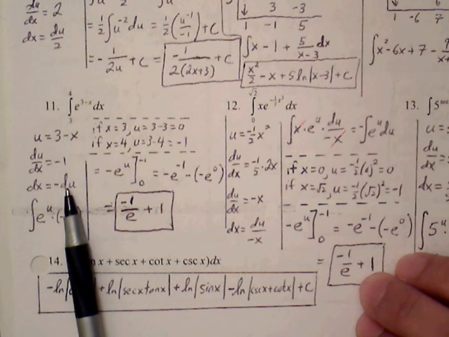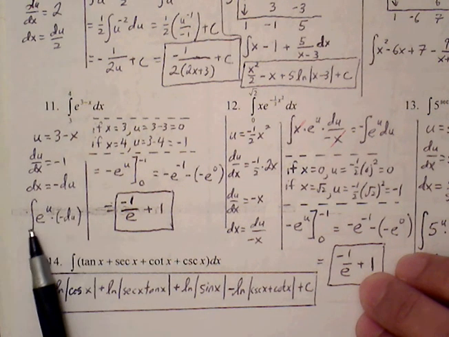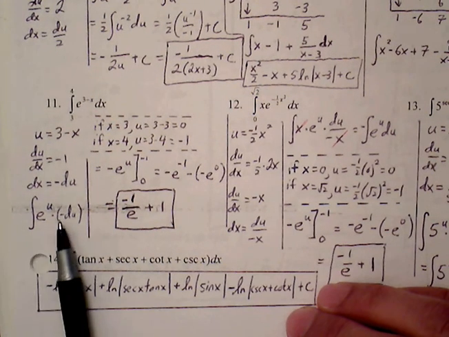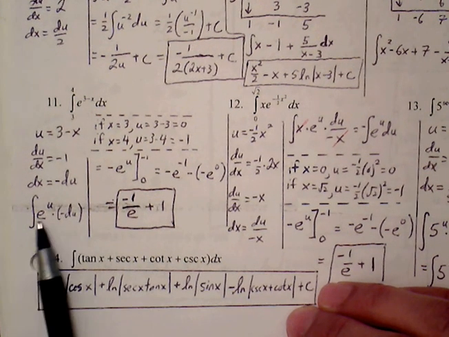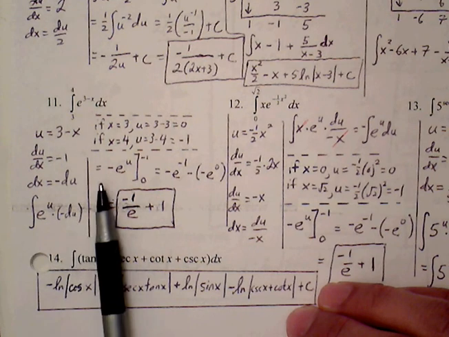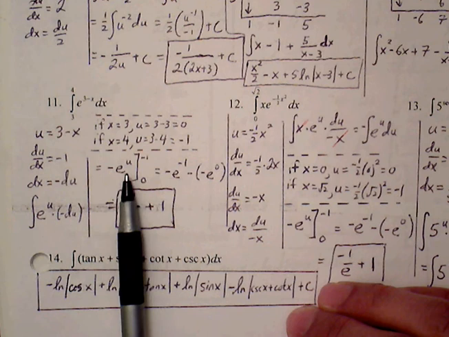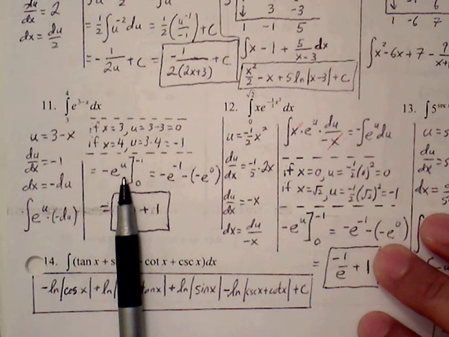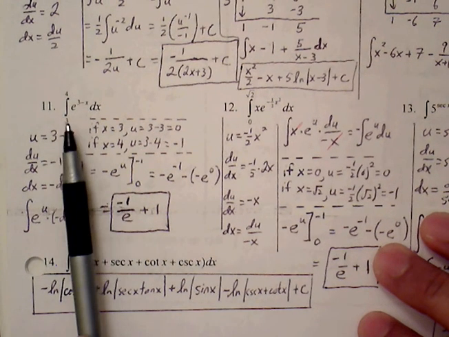We make our substitution. The integral of e to the u times negative du, so we have to pull a negative outside, and the integral is simply going to be the same as the original function, so negative e to the u. Now we're going through U-substitution, and this is a definite integral, so we have to convert our initial bounds, which are in terms of x, to be in terms of u so that we can evaluate.